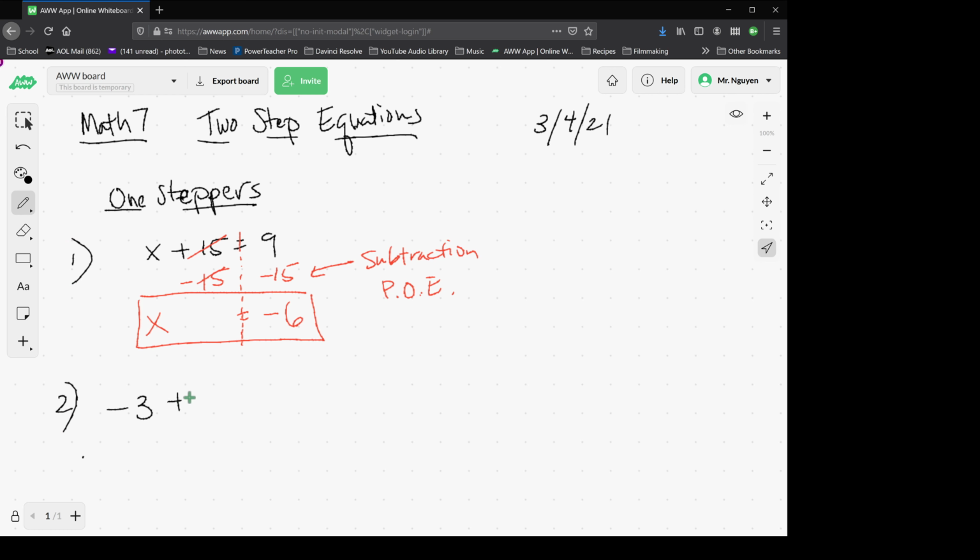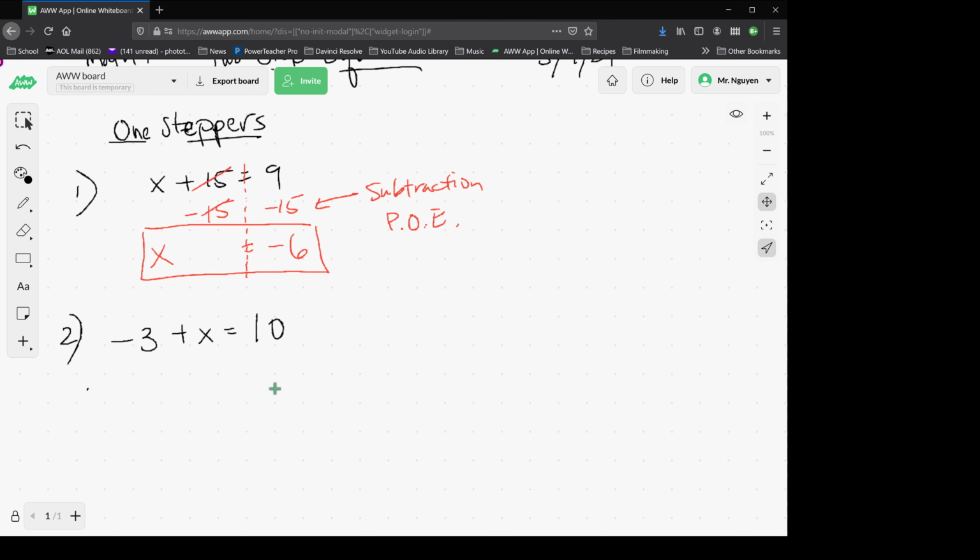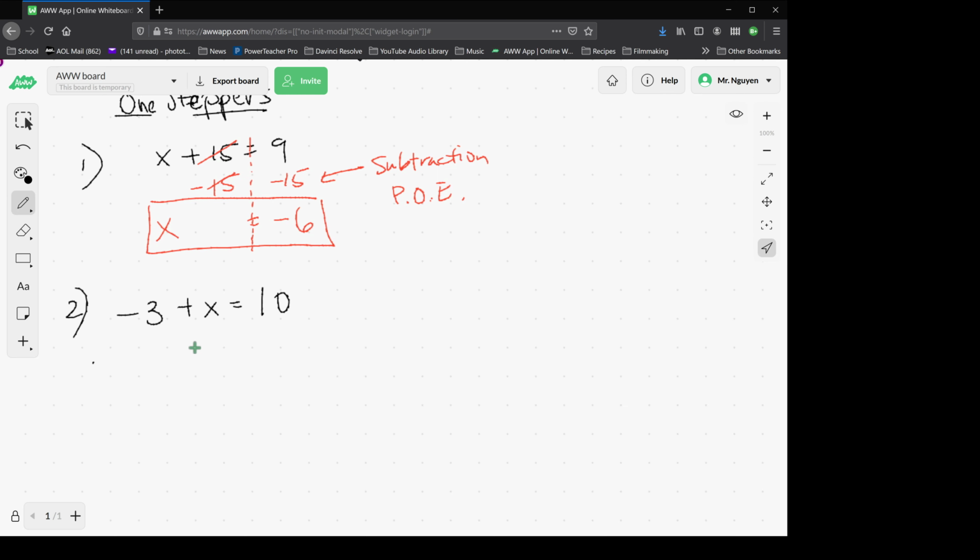Negative 3 plus x is equal to, I don't know, let's say 10. Let's keep it easy. So in this case, what we're going to have to do is add 3 because we want x by itself here. This is the left side, and then we have the right side.